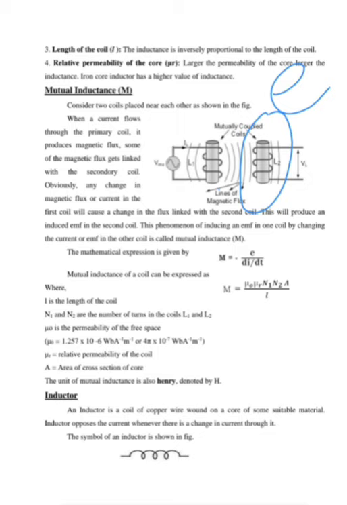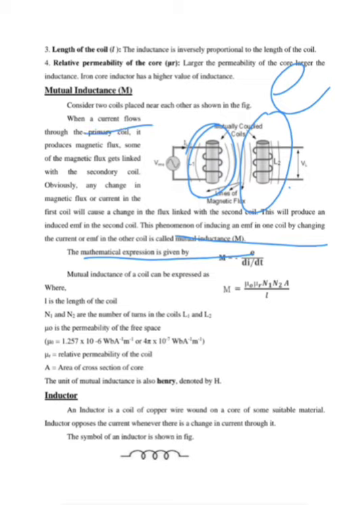That is what is given here, and that phenomenon, the induction of an EMF in the second coil because of the change in the current or EMF in the first coil, is called mutual inductance.